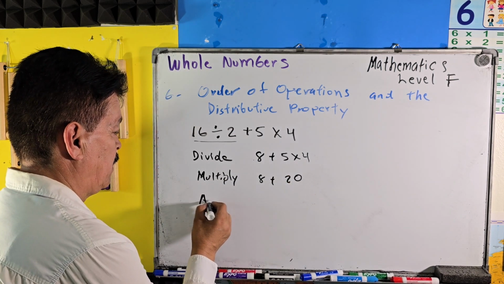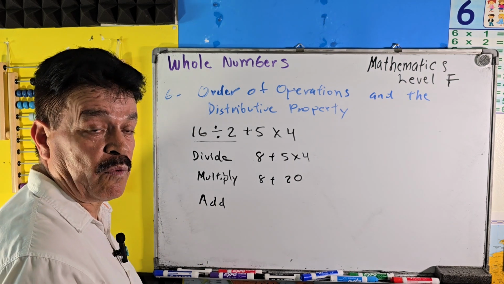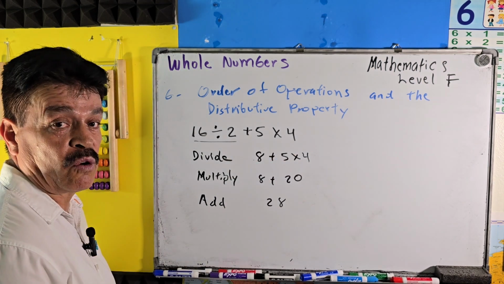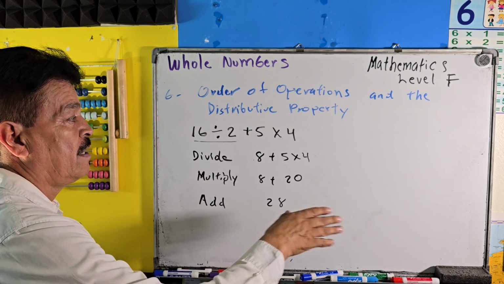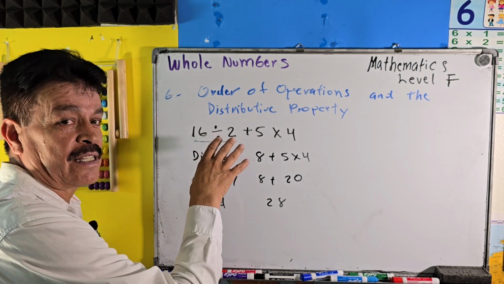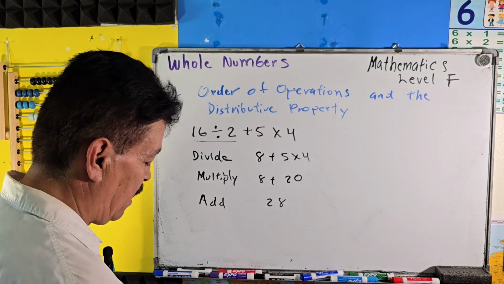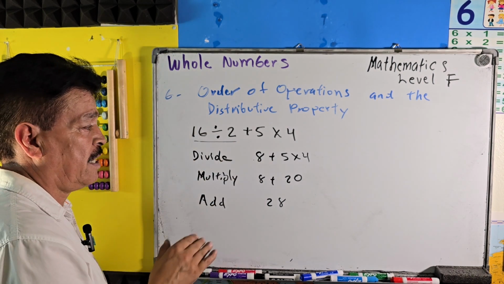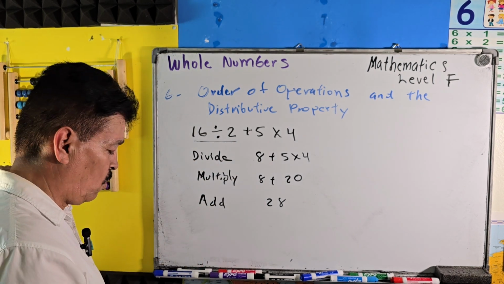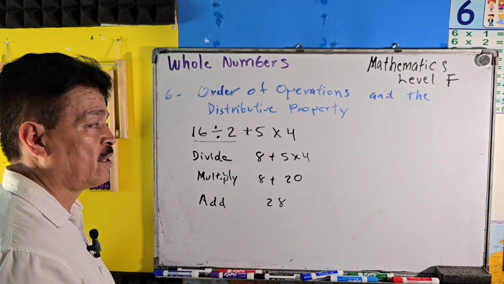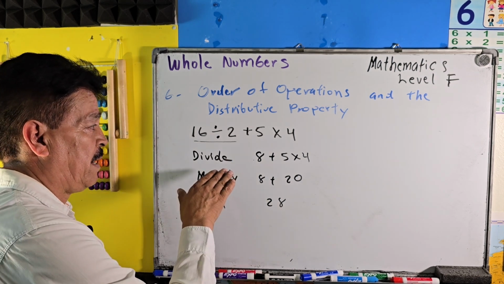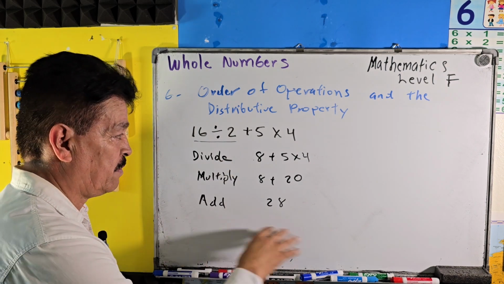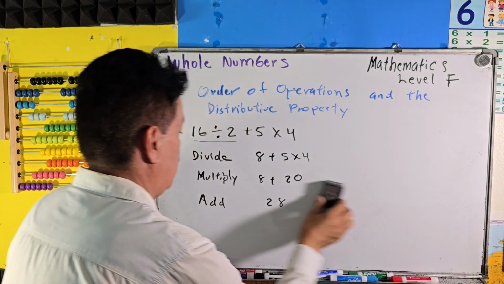Now add, remember the last step, number 4, add. So it's 28. This is the way to solve this problem. First step, solve everything inside the parentheses. Second step, solve all exponents and roots. Then multiply or divide from left to right. And last, add or subtract from left to right. This problem is ready.